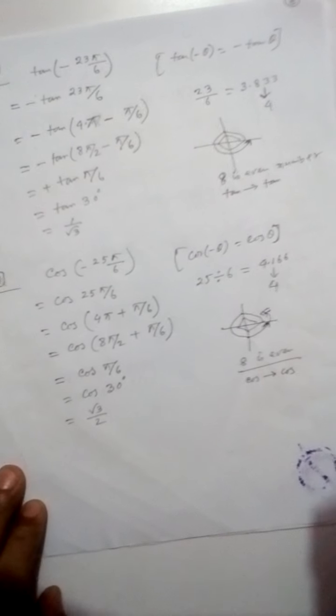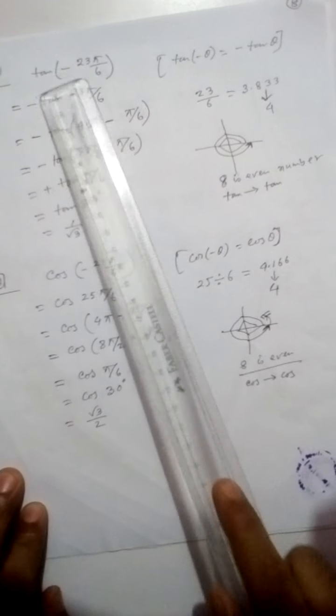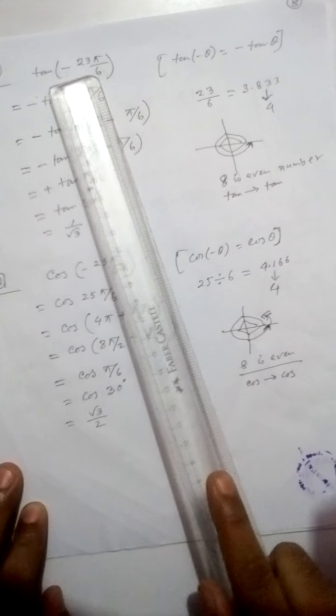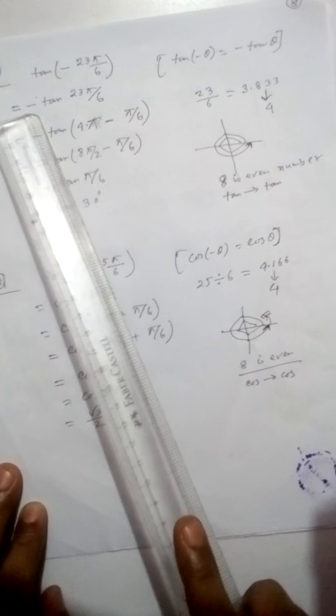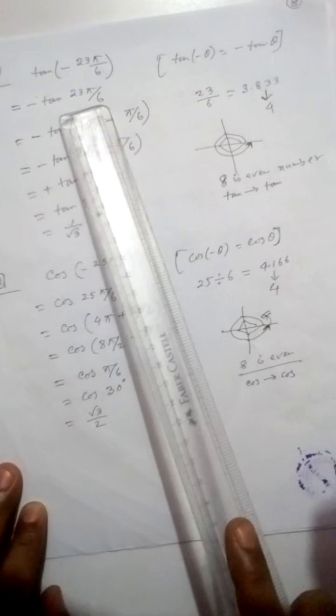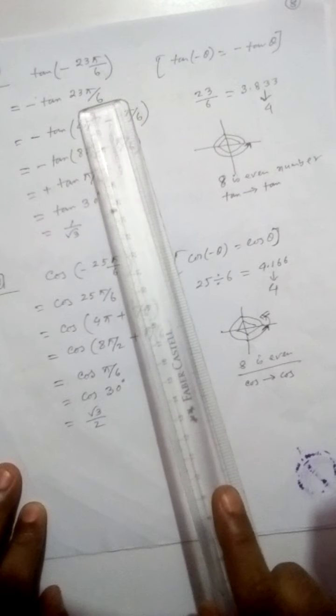Okay, number 7, 4. Tan minus 23 pi by 6. We know that tan minus theta equals minus tan theta, so tan minus 23 pi by 6 means minus tan 23 pi by 6. Then 23 pi by 6 we convert into pi by 2 plus or minus theta.